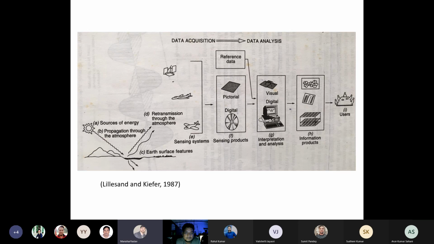So there is a benefit of satellite-based imaging over airborne imaging. But there are certain benefits of airborne imaging also, like we get good quality image data from an airborne platform, because the image is captured from low altitude, so obviously the quality of the image will be good compared to the satellite-based platform.